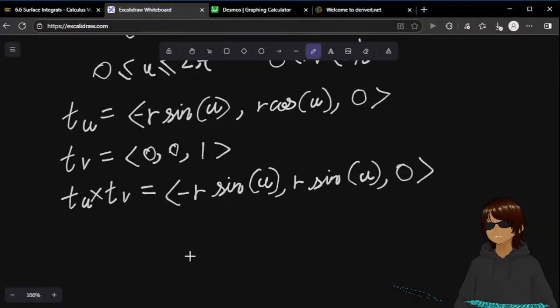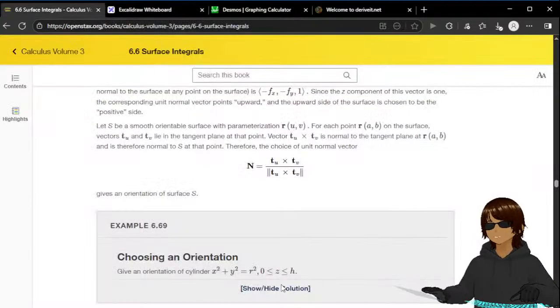All right, this is one orientation, and the other orientation is when I multiply it by negative 1.